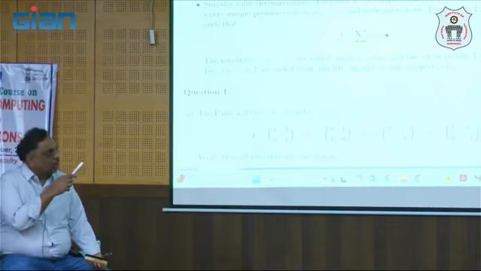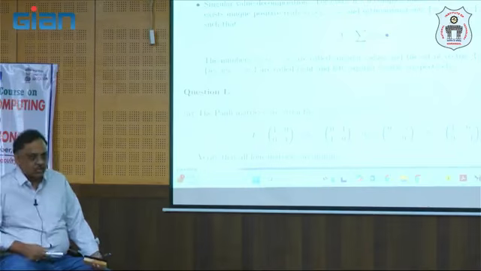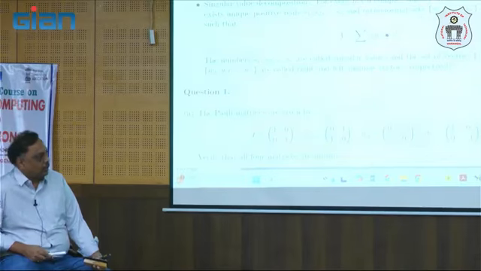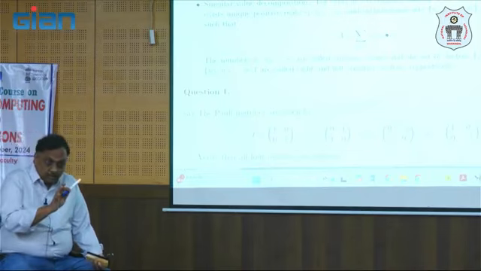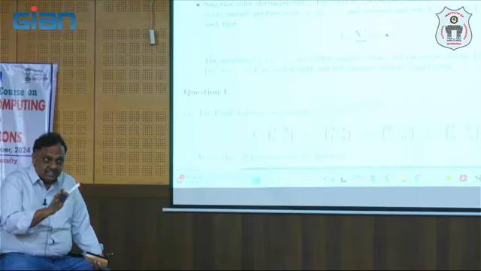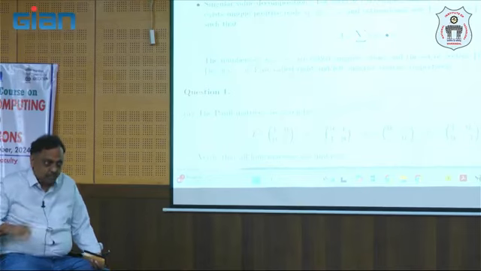Right, bra 0 she wrote as the row 1 0, and ket 1 she wrote as the column 0 1, and multiplication turns out to be 0. So we see inner product of 0 with 1 is 0.